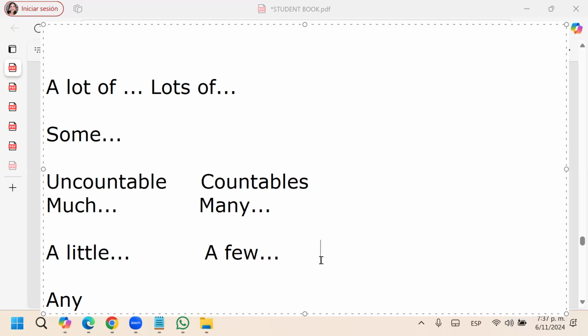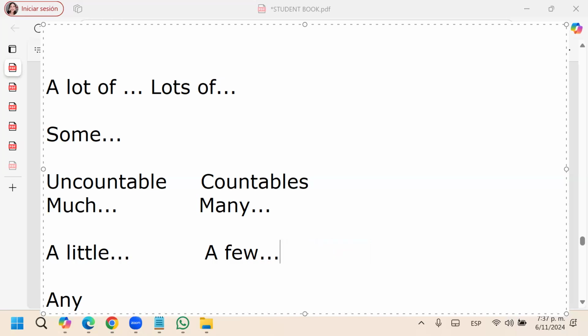That's why I say a few oranges. Yeah, many oranges, a few oranges. A few money. No. A few dollars. A few is for countable. A little is for uncountable.